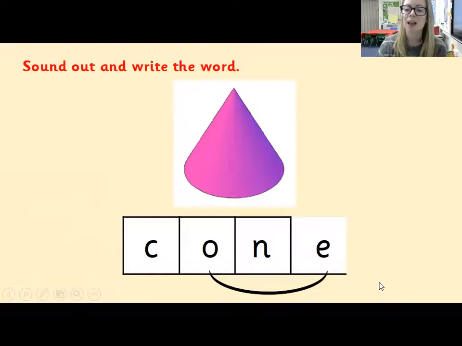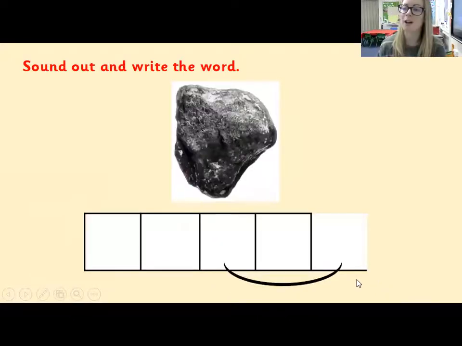Well done. The next word we are going to write is the word stone. Stone. So get your phoning fist ready again to listen to the sounds. S-T-O-N. Stone. Now see if you can write that down on your piece of paper. S-T-O-N.